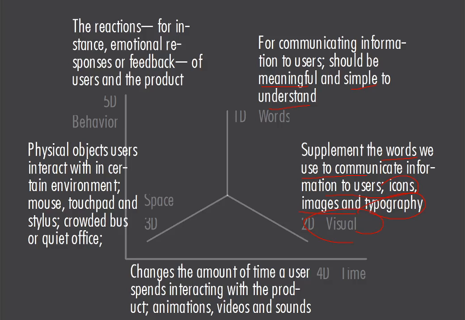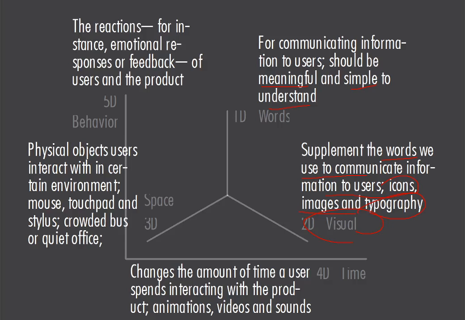It is actually saying, as I said, the physical objects users interact with in a certain environment, like mouse, touchpad, stylus, or even the environment you are in while interacting with the interface.